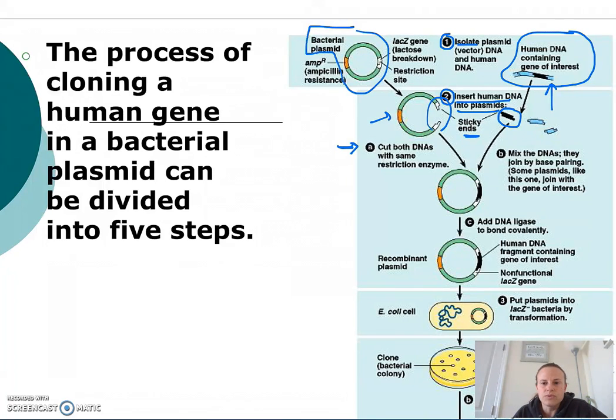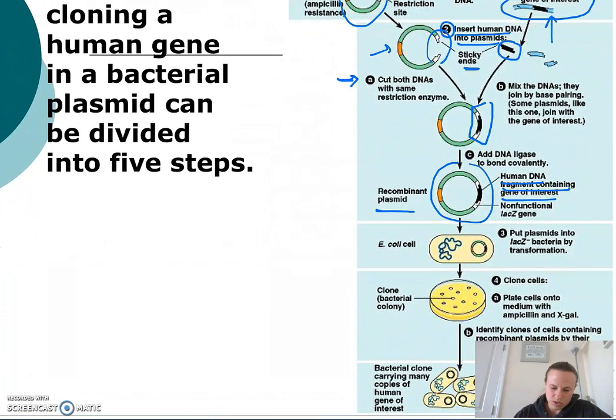And now using DNA ligase and enabling the hydrogen bonds to reform between the nitrogenous bases, I'm going to form a recombinant plasmid which contains the plasmid along with that piece of human DNA fragment that contains the gene of interest.